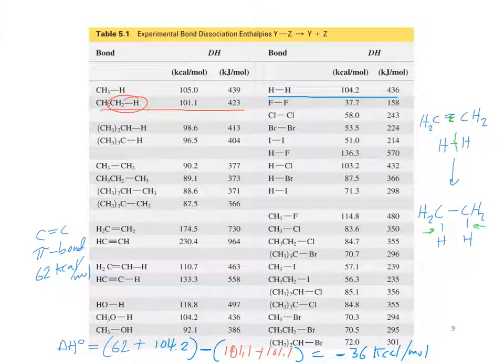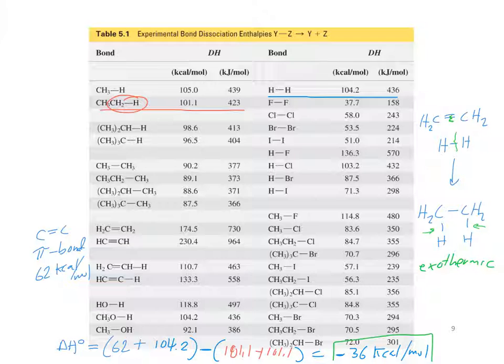All right, so what does that tell us? Because this number is negative, this reaction is exothermic. It means that at least the bonding energy is going to favor this reaction being spontaneous.